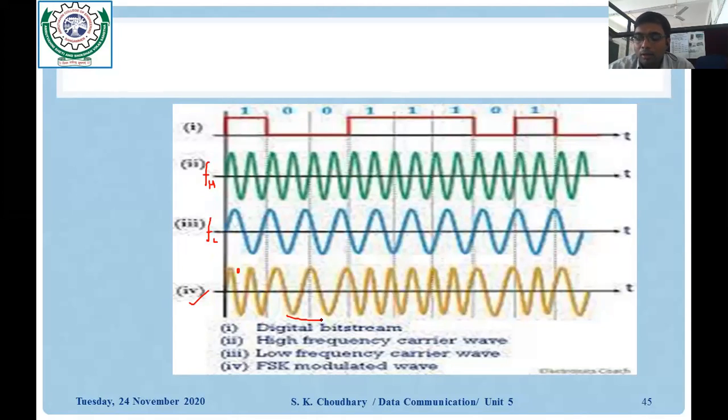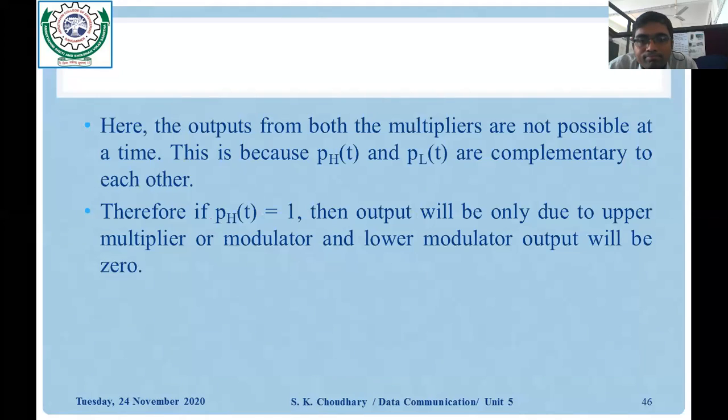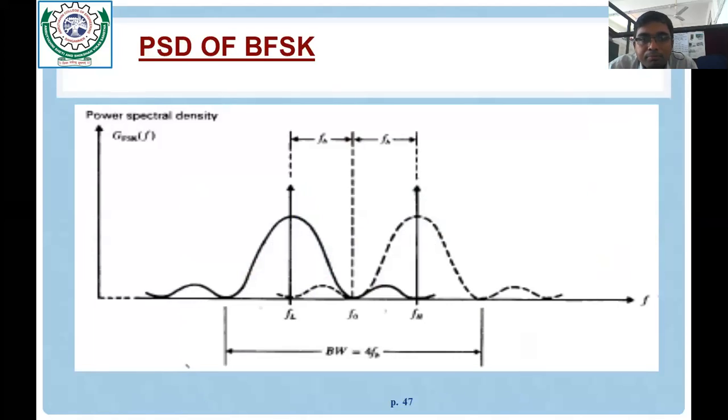Okay. Now, after the representation of this signal, we have to learn about the spectrum, the power spectral density of the BFSK signal, or the spectrum and the bandwidth of the BFSK signal.